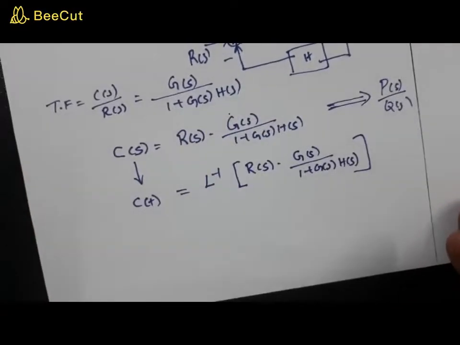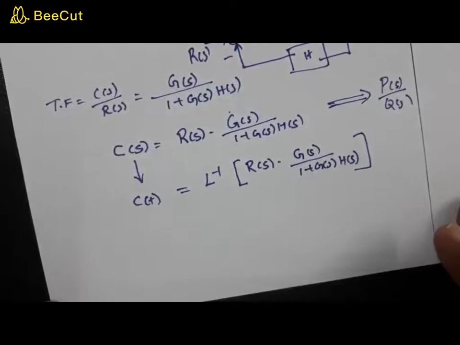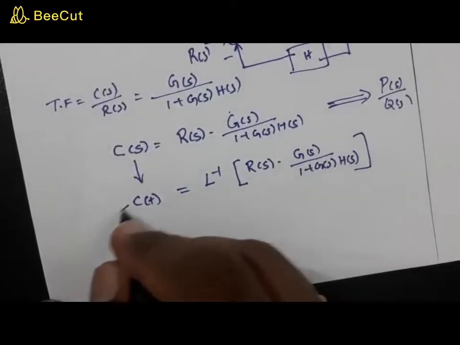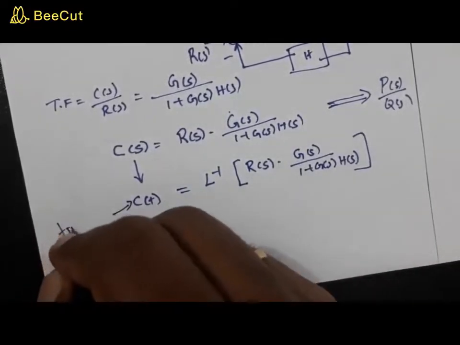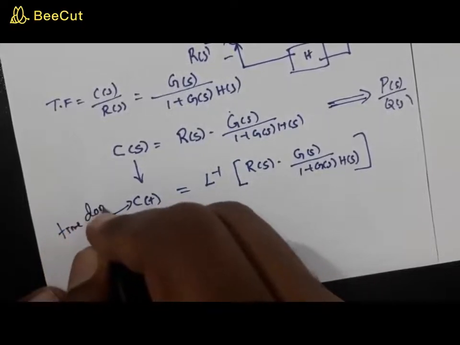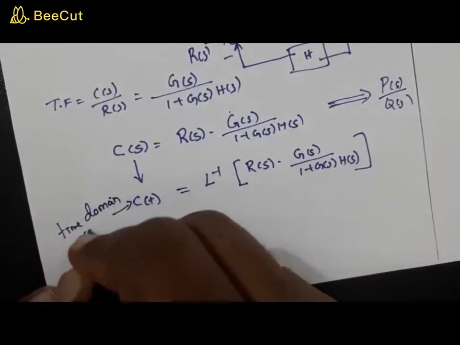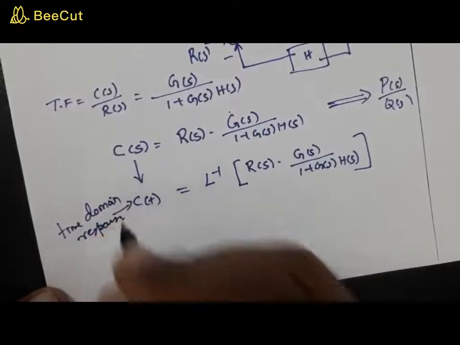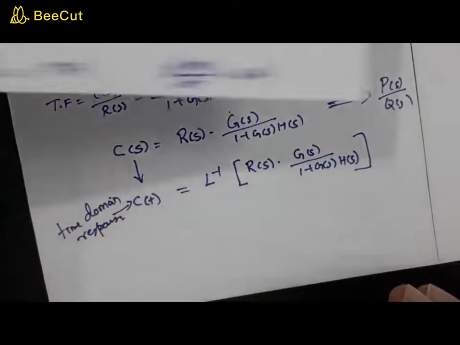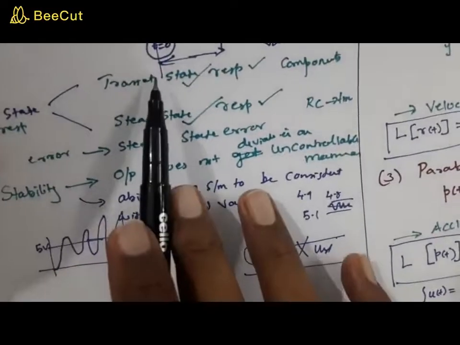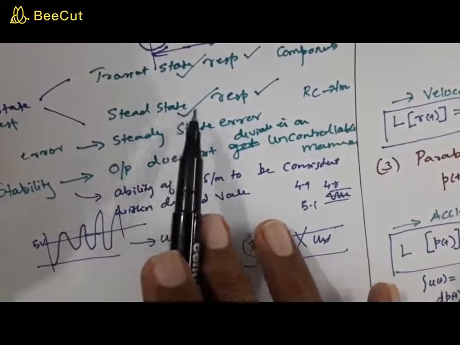This C of t is called a response, or a time domain response. And it is about this response that we talked about. That is, this response consists of a transient state response and steady state response.